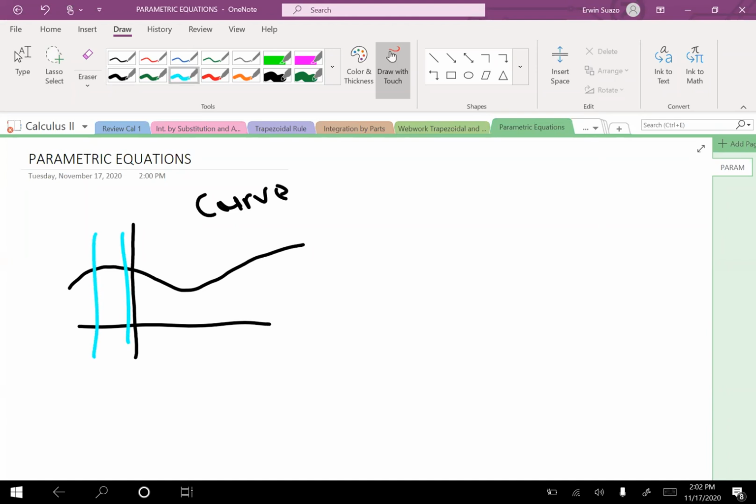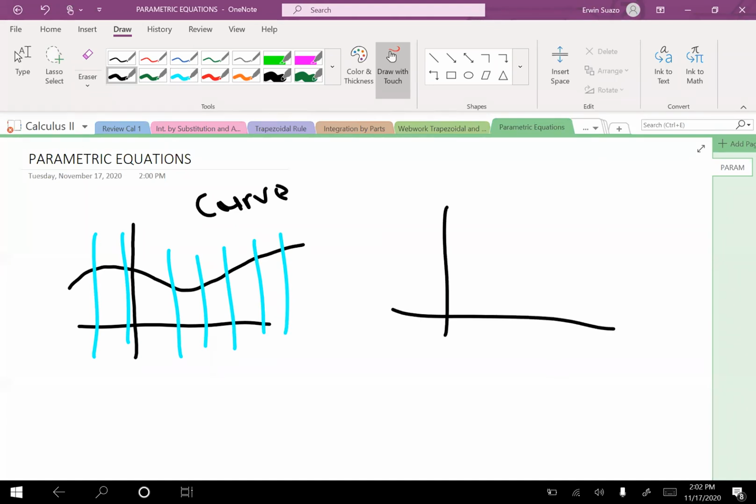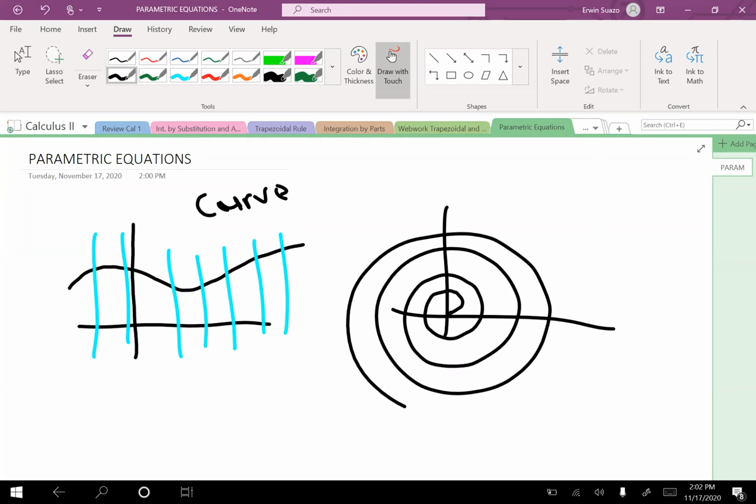So something like this is a function, but something like this is not a function, right? Because if you use the vertical test, this value of x has different values of y, here, here, here, here. So this is not a function.